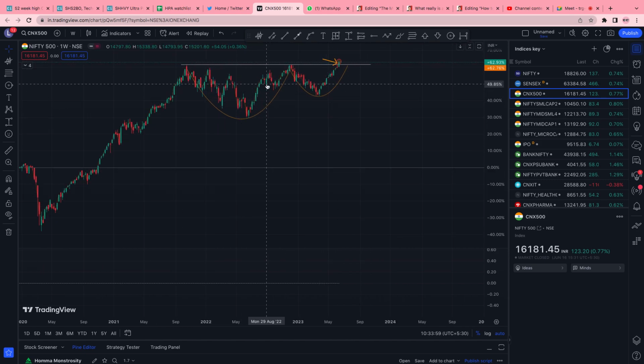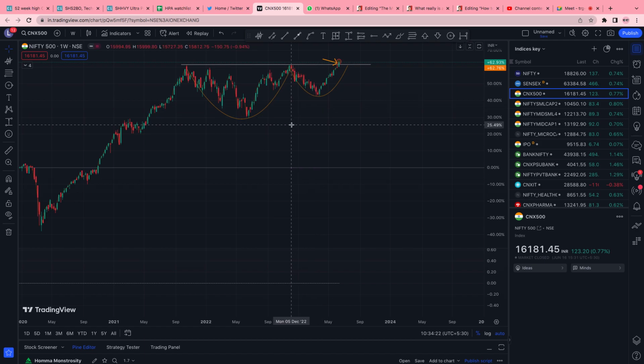Had this been a stock, the breakout traders would have been so excited to see this chart, because it's a picture perfect cup and handle. Maybe not picture perfect, this one is a little too deep, it should be around 30 to 40% of the whole base, but still it's really good.